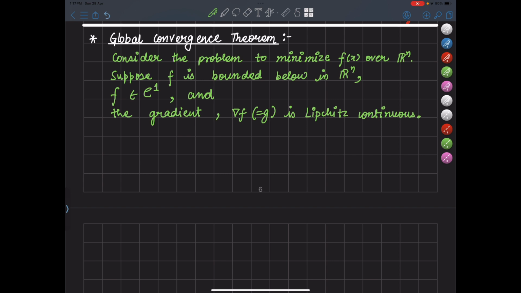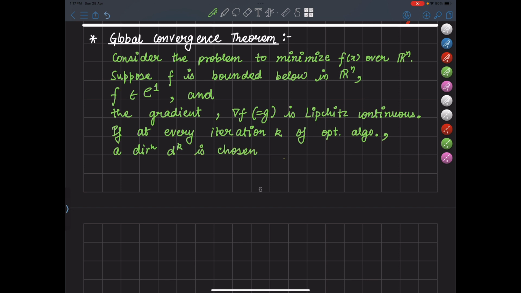These are some assumptions. Now, if at every iteration of an optimization algorithm a direction dk is chosen such that cos²θk is greater than delta, which is itself greater than 0.